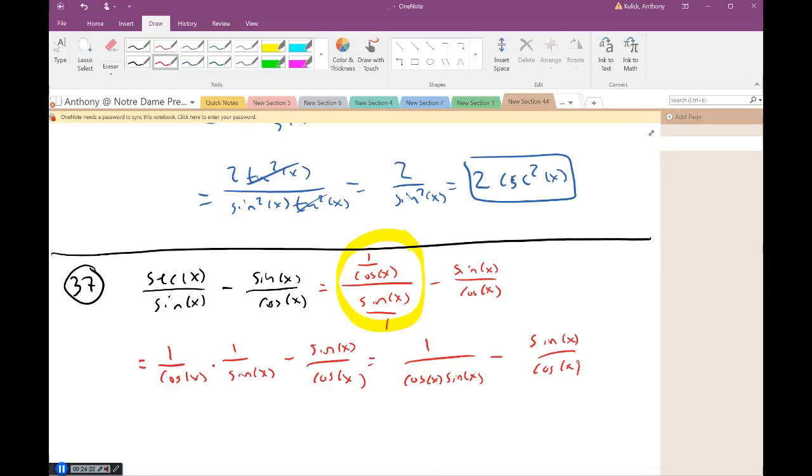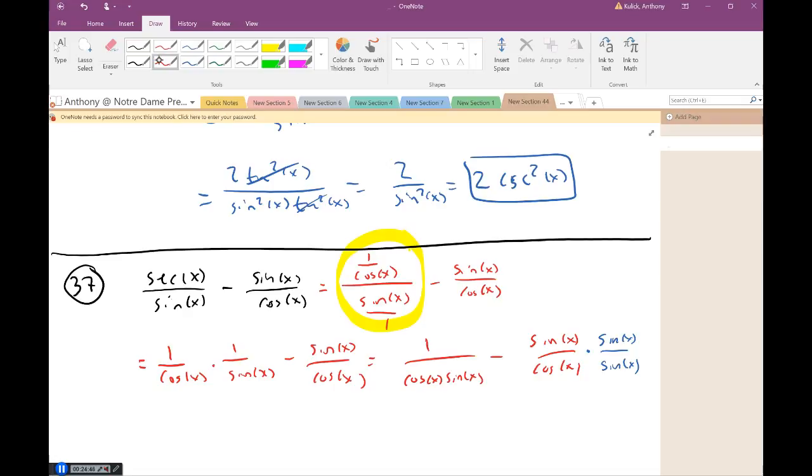Instead, what I would do is make a common denominator and do the subtraction of the 2 fractions to try to get 1 fraction. 1 fraction is simpler than 2. So notice that that common denominator would just be cosine x times sine x.